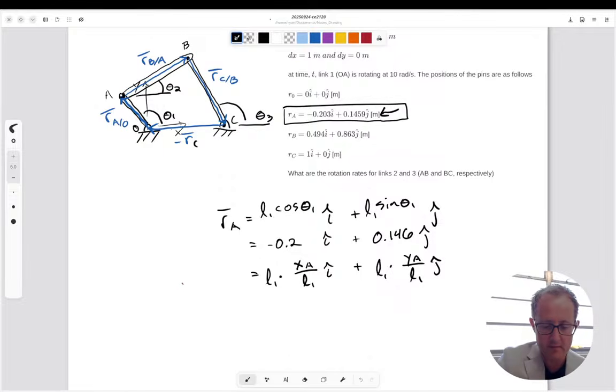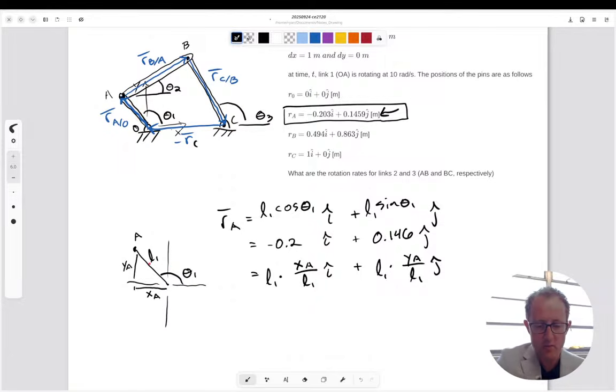Because if I think about this like a unit circle, this is theta 1, this is XA, this is YA, here's my point A, and this is L1. So opposite over hypotenuse is YA over L1.